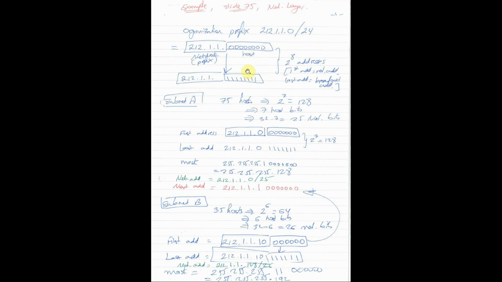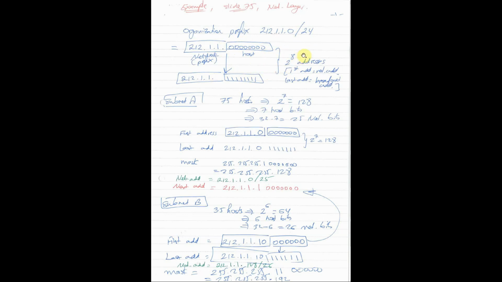And if we go through all possible combinations from 8 zeros, 7 zeros and a 1, 6 zeros, 1, 0, then 6 zeros, 1, 1, and all other combinations, it will end with 8 ones, right? So from 8 zeros until 8 ones. How many addresses do we have here in total? Since the number of host bits is 8, the total number of combinations, starting with this one, ending with this one, and everything in between, is 2 to the power of 8.